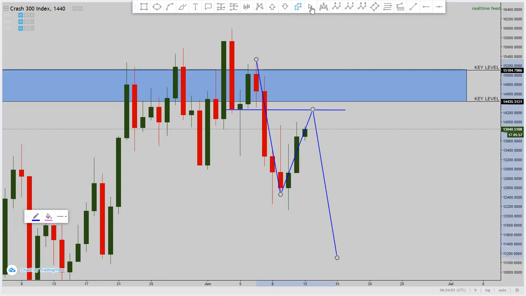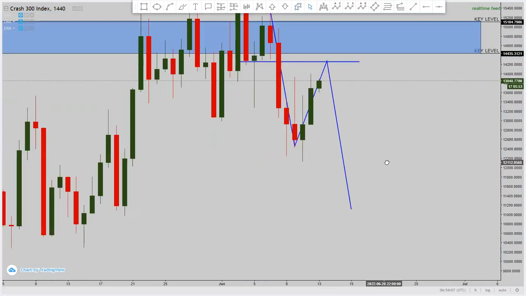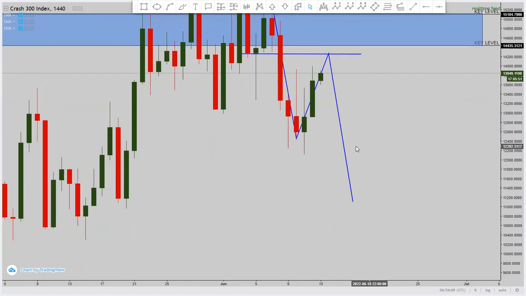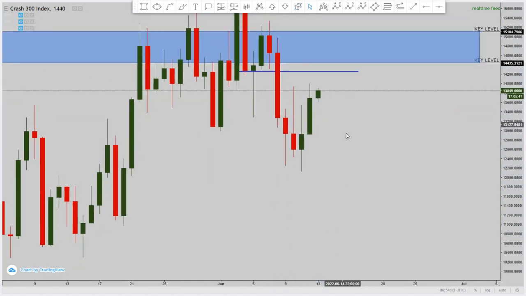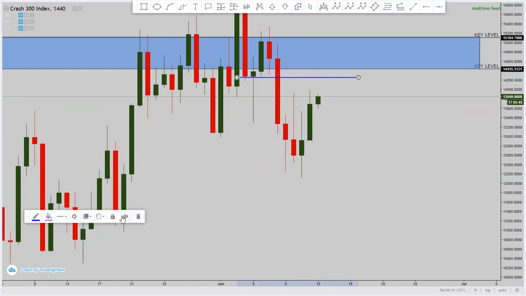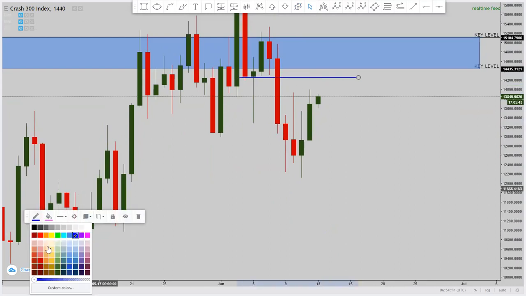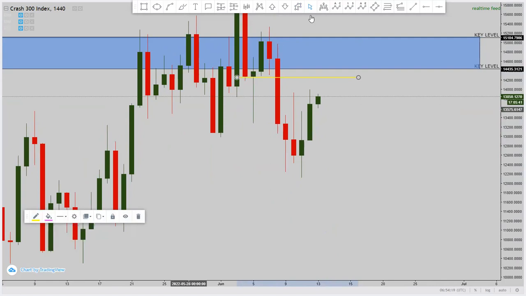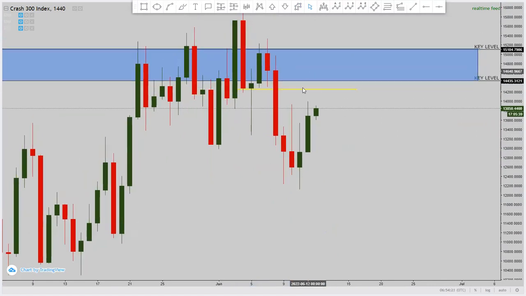So it will still be a continuation of this bearish market structure that we are currently seeing. So that area is a very, very significant zone for our C300.